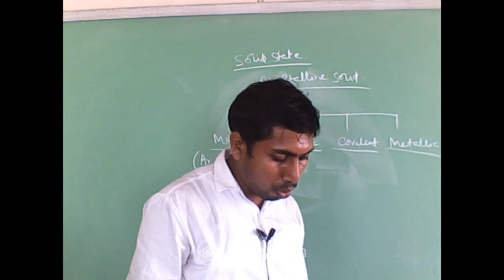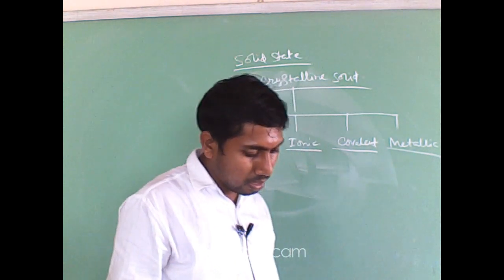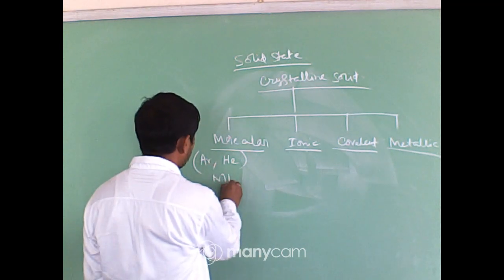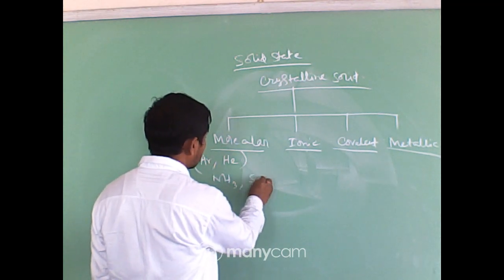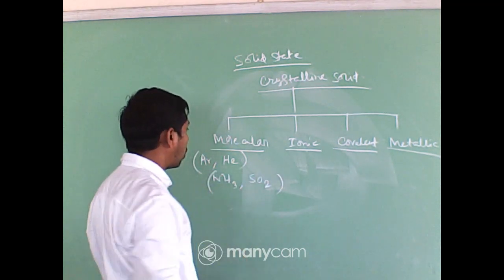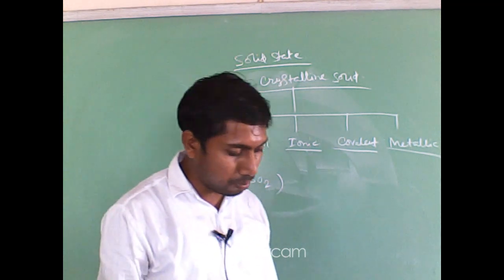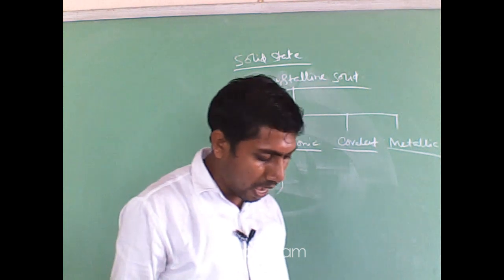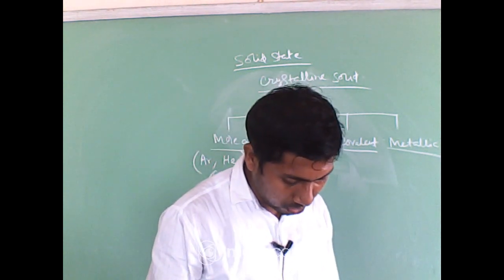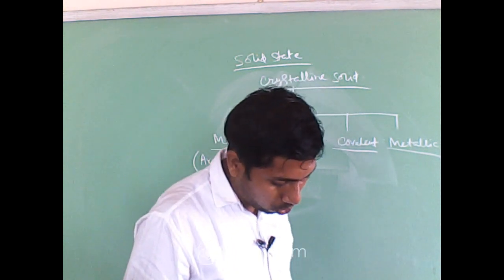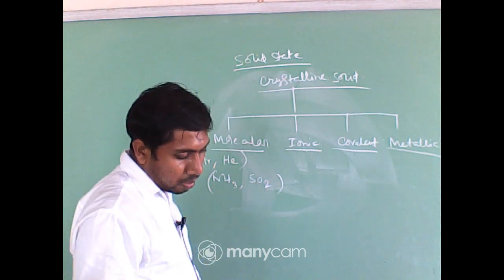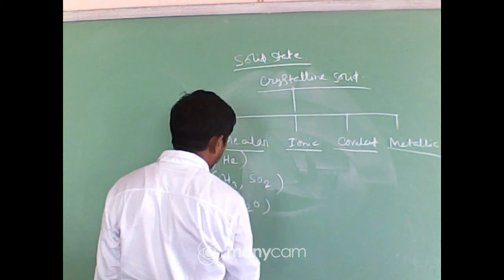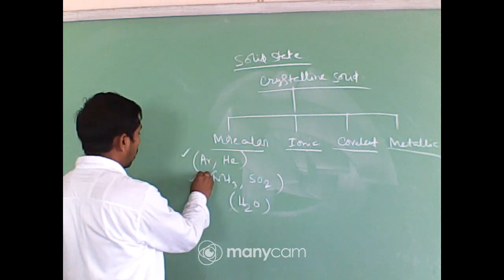Next one, polar molecular solid, like solid sulfur dioxide, solid NH3. These are also under molecular solid, but polar molecular solid. Next one, hydrogen bonded molecular solid, an example of which is H2O. So, 3 classes: 1, 2 and 3.